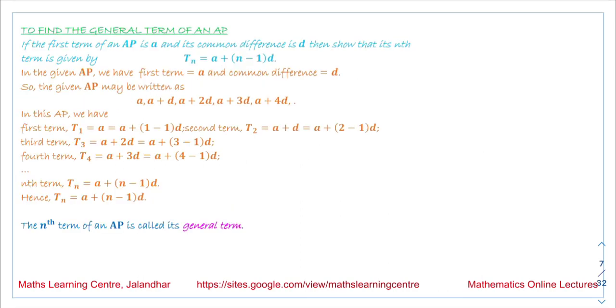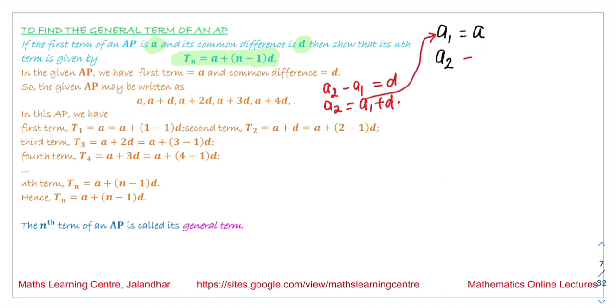If the first term of an AP is A and the common difference is D, then we have to show that the nth term of the AP is A plus n minus 1 times D. The first term is A1, which is equal to A. Suppose the second term is A2, then A2 minus A1 should be D. It means A2 is equal to A1 plus D. What is the value of A1? It is A. So the value of A2 is A plus D.